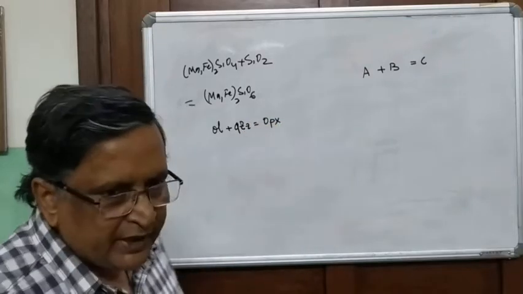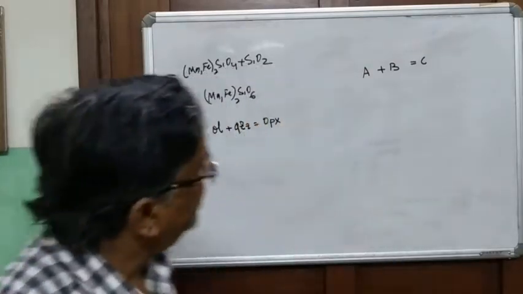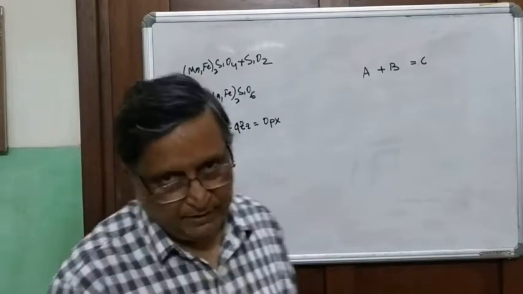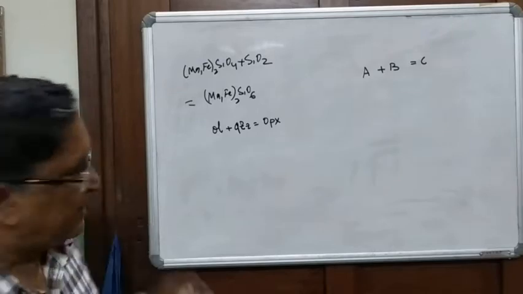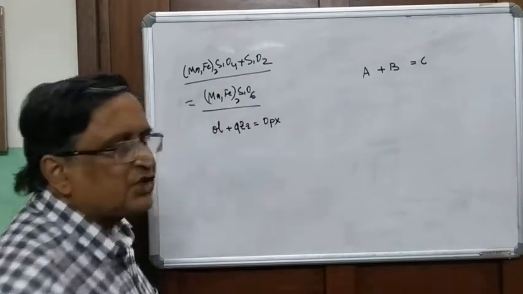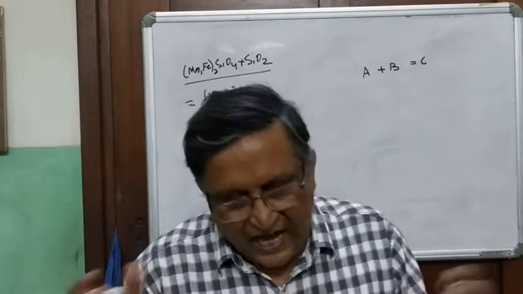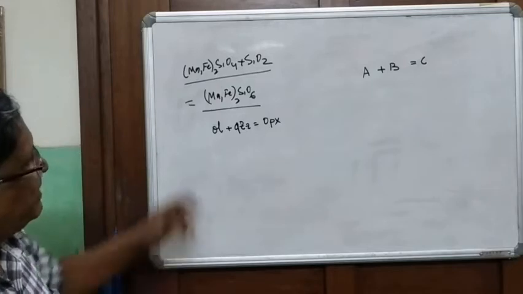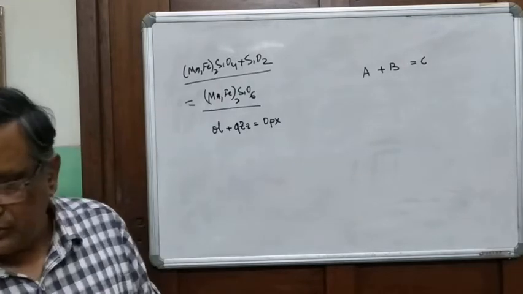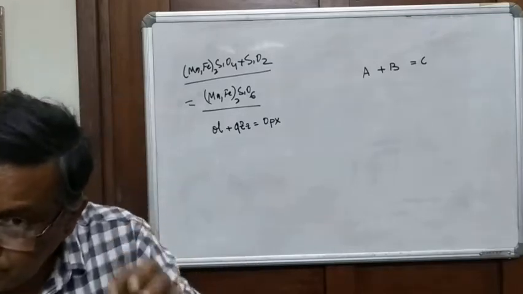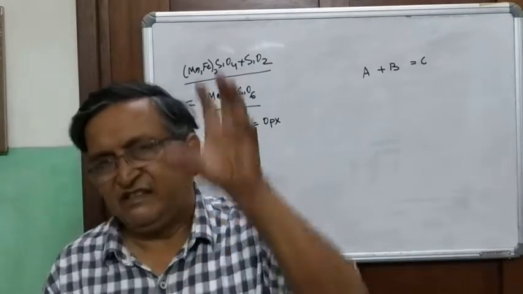But from a thermodynamic viewpoint, we always write reactions in terms of phase components. So this type of reaction is just a model reaction. It is not an actual reaction, although in actuality it works like that. Reactions are written in terms of phase components, not phases.